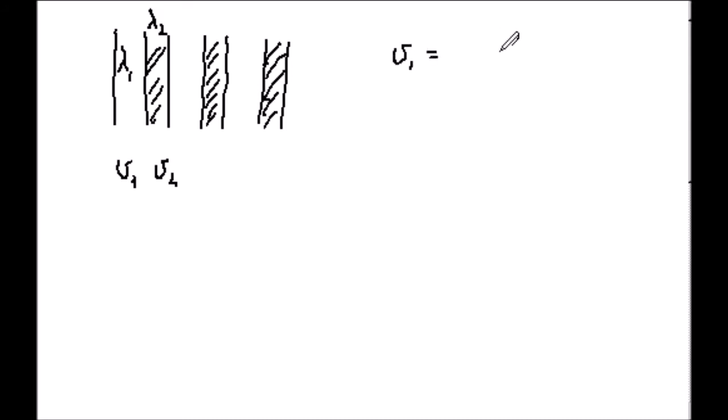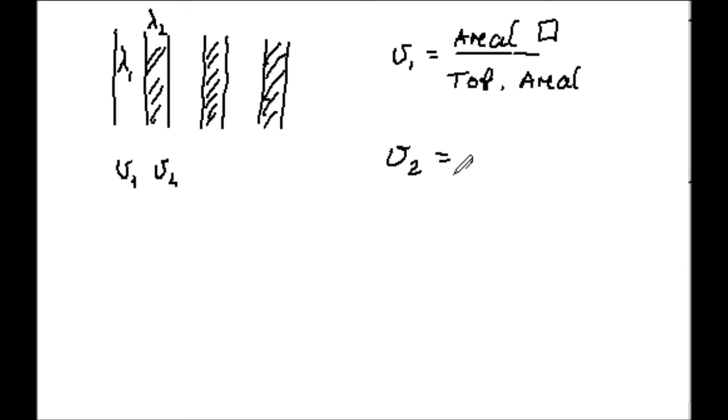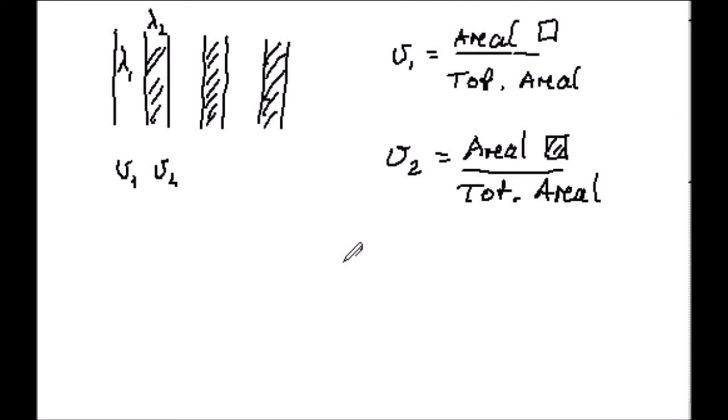Well, V1 is just the area of the white region divided by the total area. And similarly for the volume fraction V2, it's just the area of the dark part of this laminate structure divided by the total area. So adding these two volume fractions together, we just get 1.